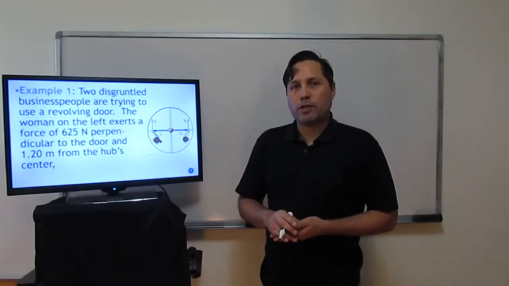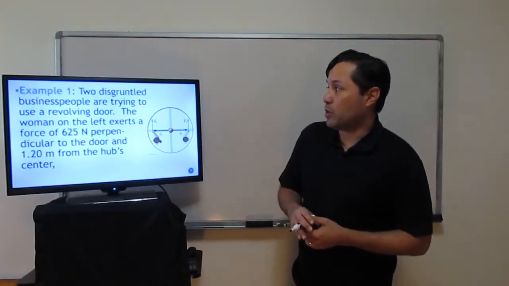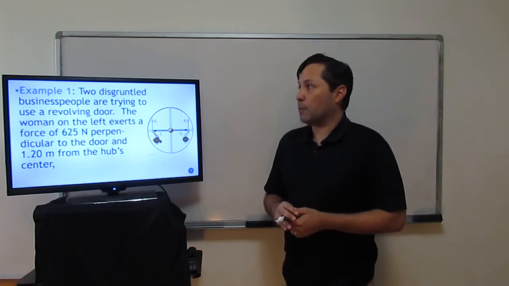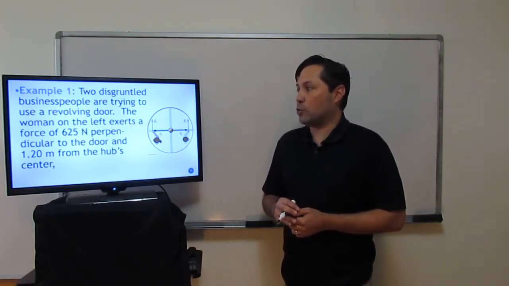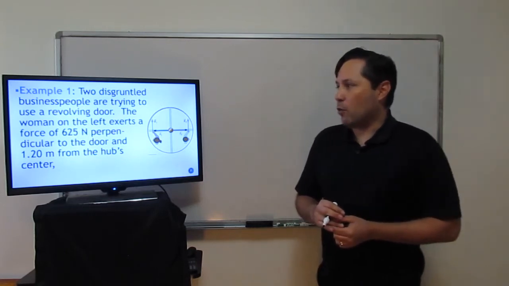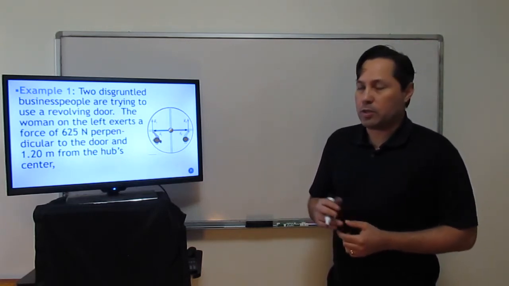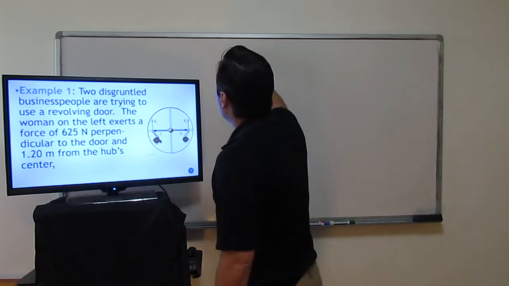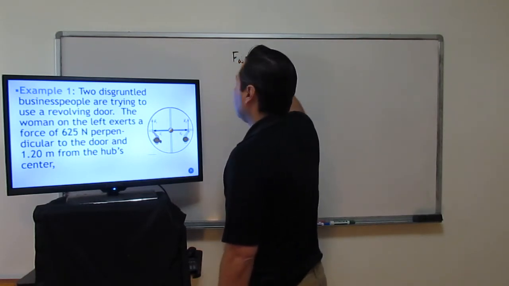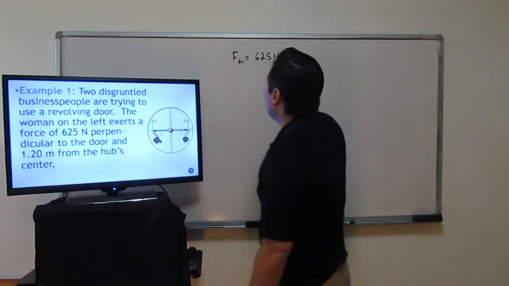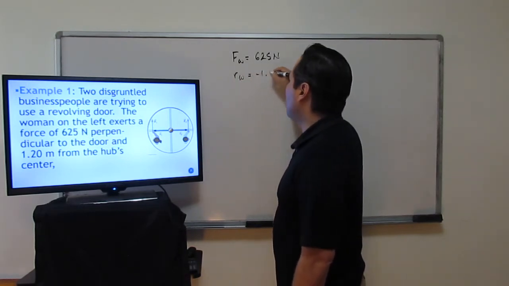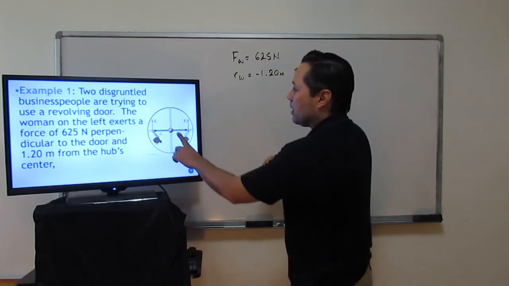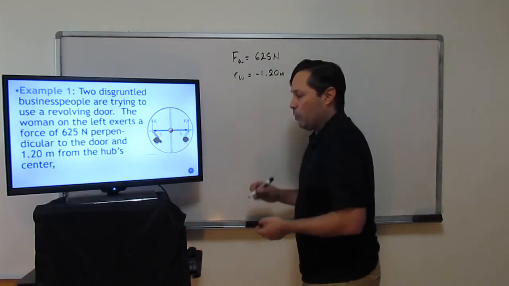Now let's move on to our first example. In example 1, we're asked the following question. Two disgruntled business people are trying to use a revolving door. The woman on the left exerts a force of 625 newtons perpendicular to the door and 1.2 meters from the hub center. So let's write that down. The force of the woman is 625 newtons, and the radius of the woman is negative 1.20 meters, negative because she is to the left of the pivot point.